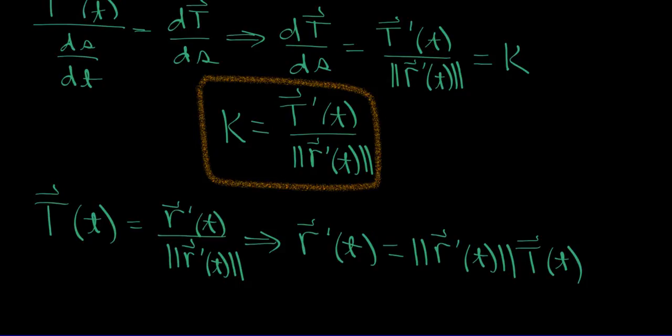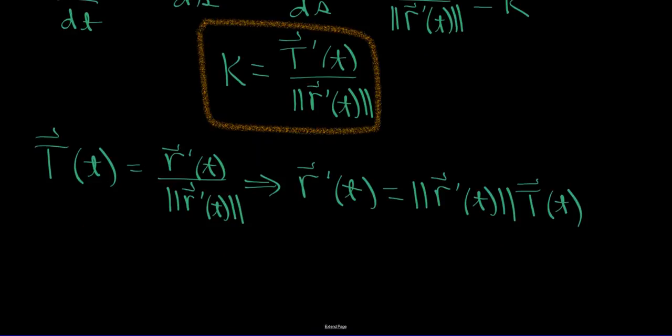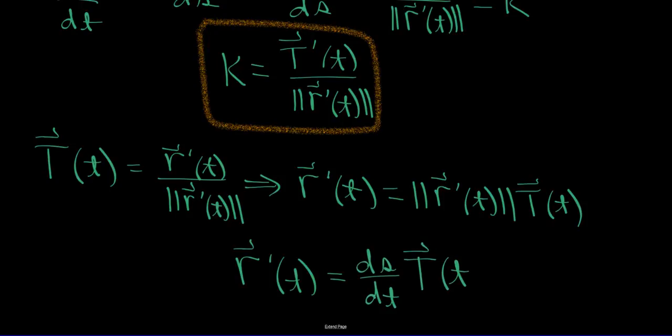Any questions about that? Now, I'm going to do one more thing with this. I'm going to put this here in the middle. Remember, isn't this also ds/dt? I think that's what that is.